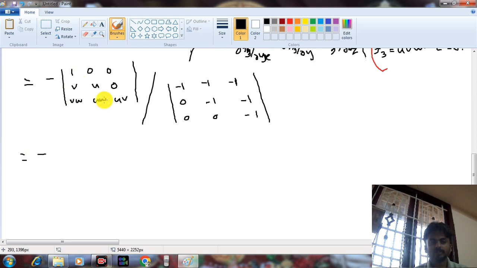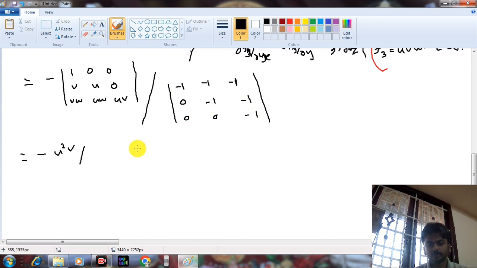So 1 into u square v minus 0, so minus u square v, divided by, here also the first term only on this side, because here also we have a triangular matrix. Minus 1 of 1 minus 0, then minus 1 of 0 minus 0, and minus 1 of 0 minus 0. So everything will become 0.